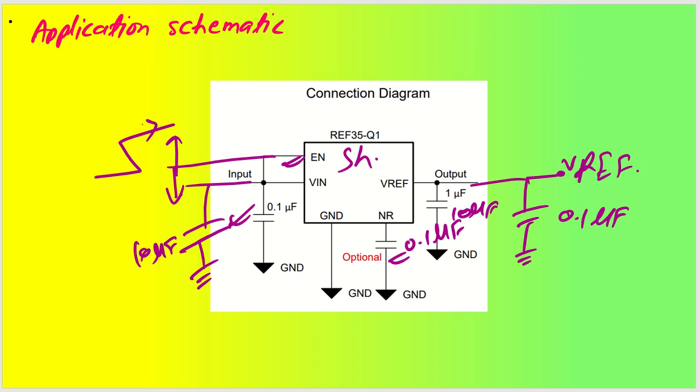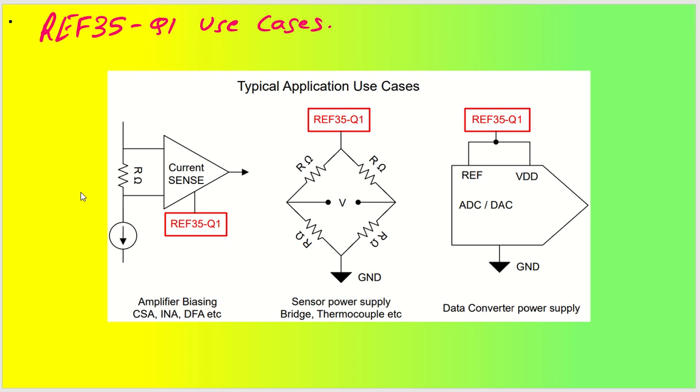Now let us try to understand what are the use cases of this particular IC and how it can be utilized in your different uses, right? So let us say we have a current sense amplifier, which is let's say INA181 or something like that, or some other are there. So suppose they need some reference input.